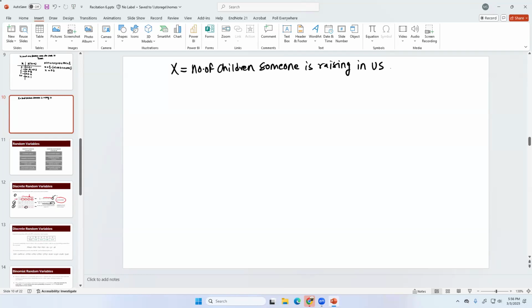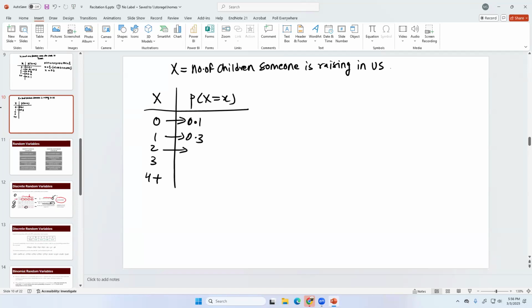You can take US. Okay. So now X is what kind of a random variable? Discrete, right? Let me do the same sort of possibilities: 0, 1, 2, 3, and then the other possibilities I'm just calling 4 plus. Let me use the same thing: 0.1, 0.3, 0.2, 0.3, 0.2, 0.1.